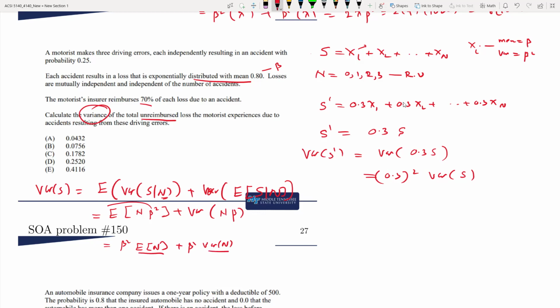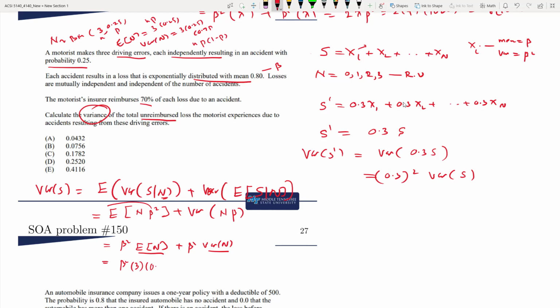Now n: we have 3 trials, independent, and an accident with probability 0.25. So basically n is binomial with parameters 3 trials and probability 0.25. Then the expected value of n is np, 3 times 0.25, and variance of n is npq, 3 times 0.25 times 0.75. Remember, this is n, this is p, and the variance is np(1 minus p).